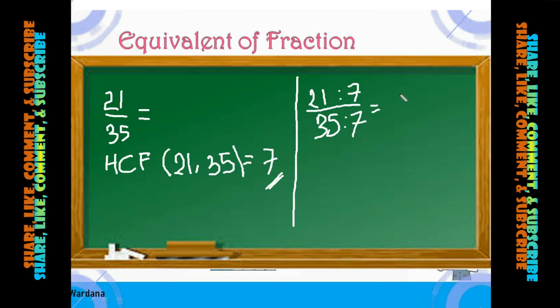So, you got 21 divided by 7 equal to 3, and then 35 divided by 7 equal to 5. So, the lowest term of 21 per 35 is 3 per 5. I think that is easy for you. Okay, that's clear. Let's continue.